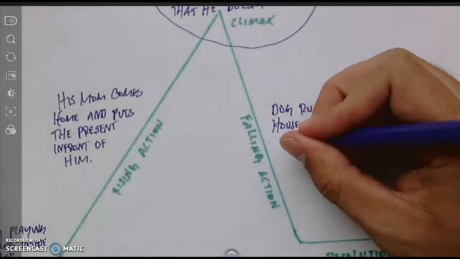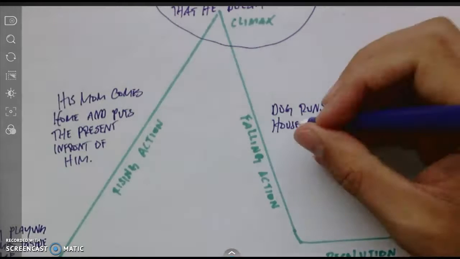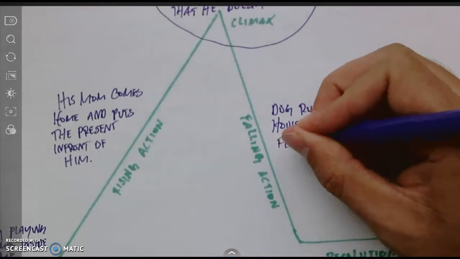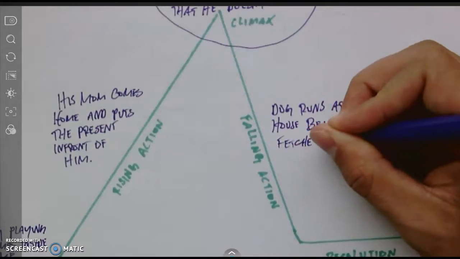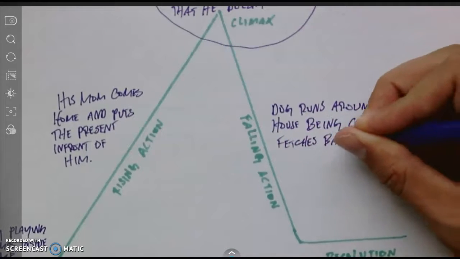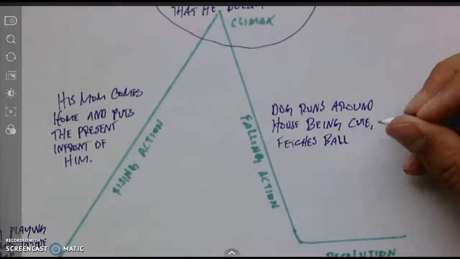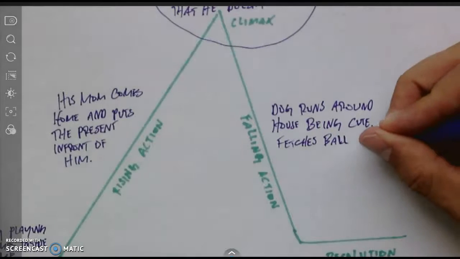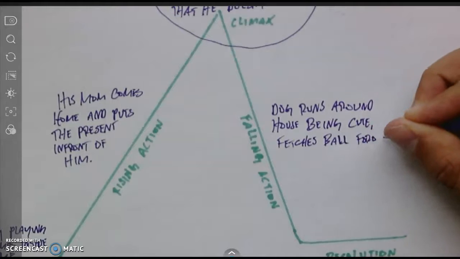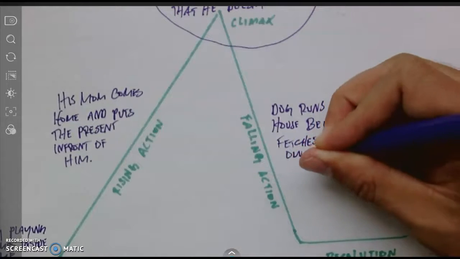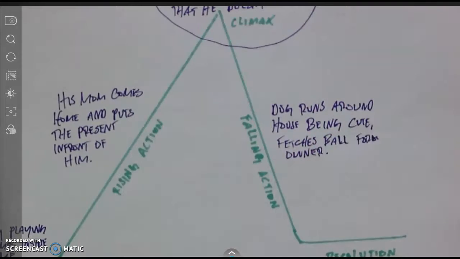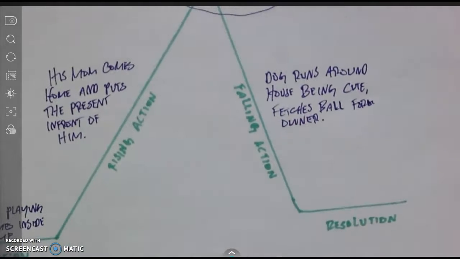So I will write, dog runs around the house being cute. Fetches ball for owner. He's begging the boy, basically, to play fetch with him. Okay, and lastly, we have the resolution.